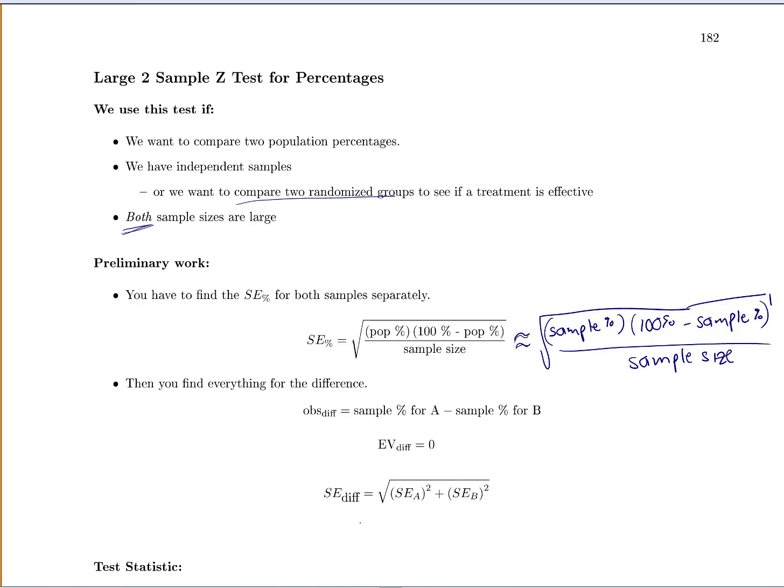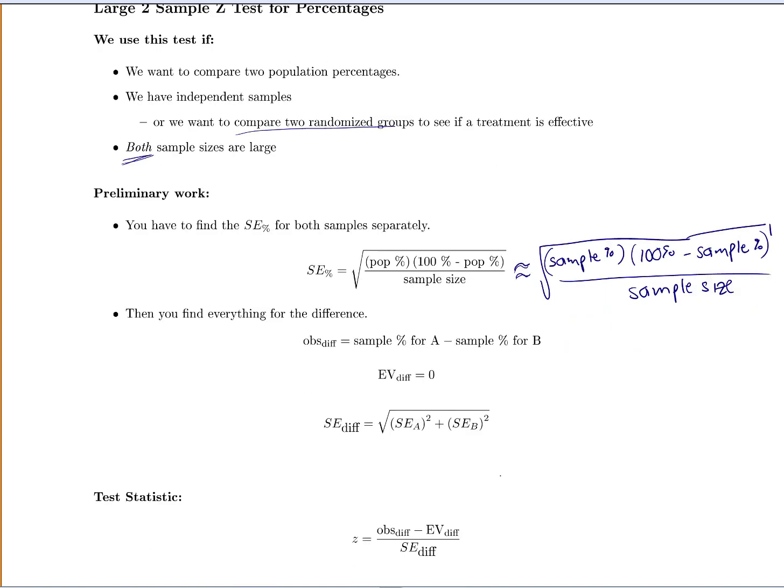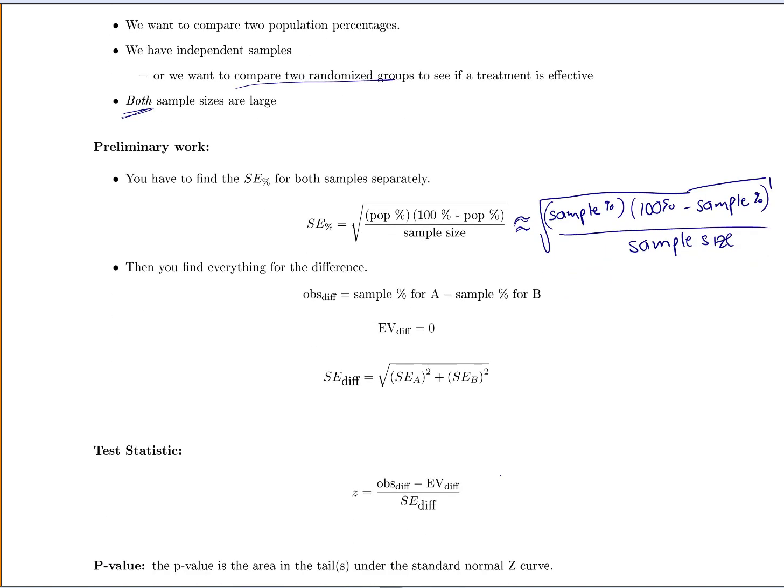And the standard error for your difference, just like with averages, it'll be the square root of the first standard error squared plus the second standard error squared. Our test statistic, z equals observed minus expected value over standard error. And we just put differences there to remind ourselves we're doing differences, and mostly to remind ourselves to use this standard error for your difference formula.